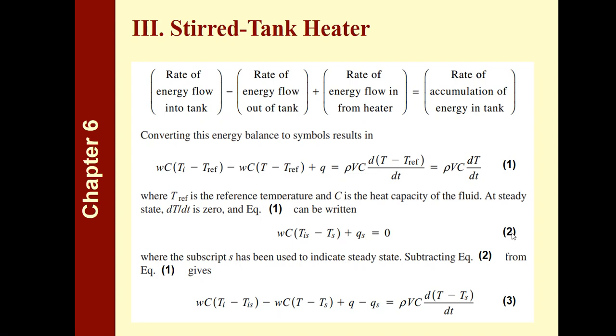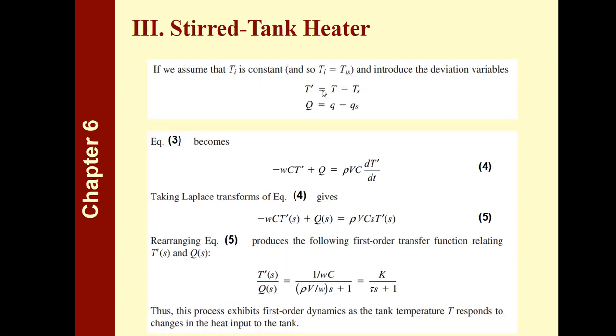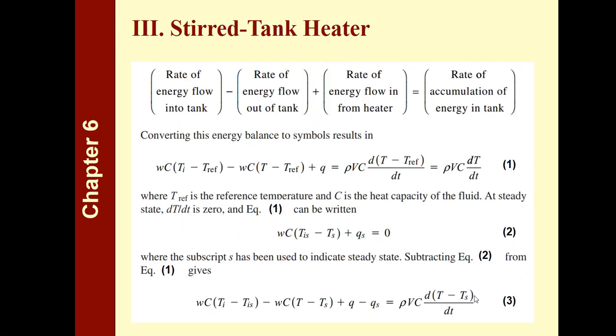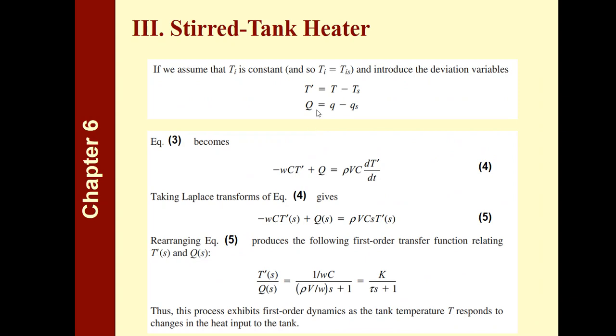Now, if you're going to subtract 2 from 1, just like what we did in the two physical systems, this would be the resulting expression, equation 3, which brings about, again, the incorporation of the deviation variables T prime for T minus T S and Q for Q minus Q S. Our equation 3 from the previous is simplified in this form using deviation variables.